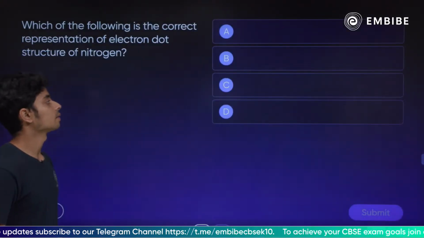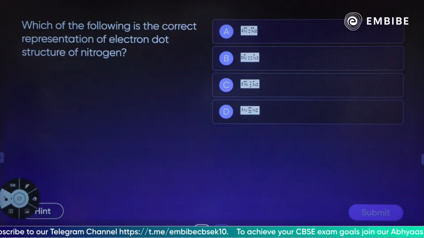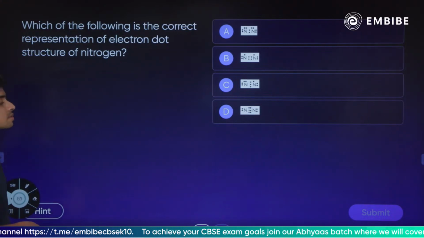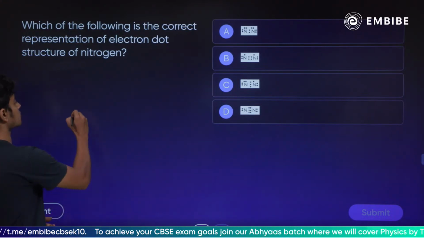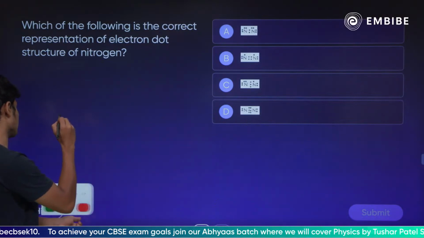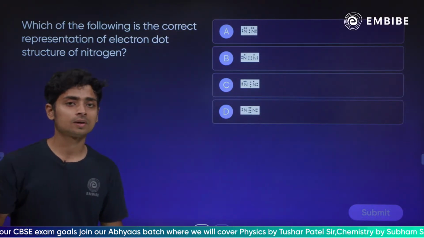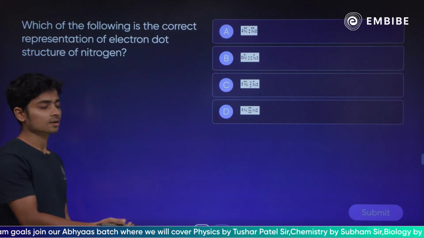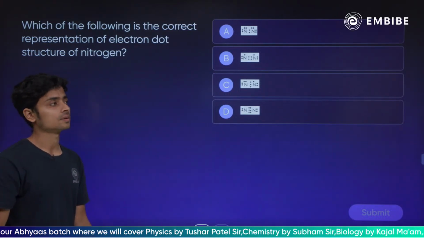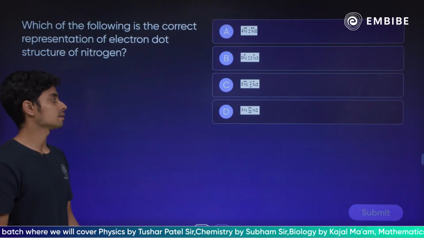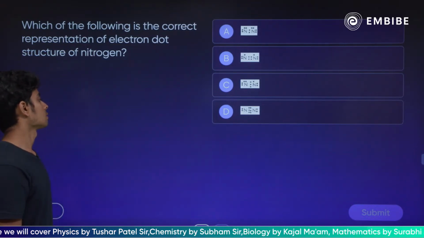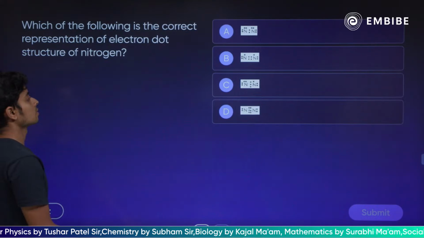Next slide. Another question: which of the following is the correct representation of the electron dot structure of nitrogen? Nitrogen has 5 electrons in its valence shell, and its goal is to reach the nearest noble gas by forming a covalent bond with another atom of nitrogen.